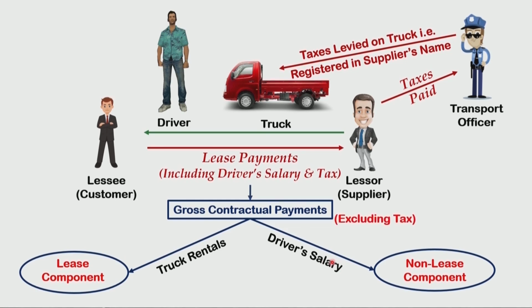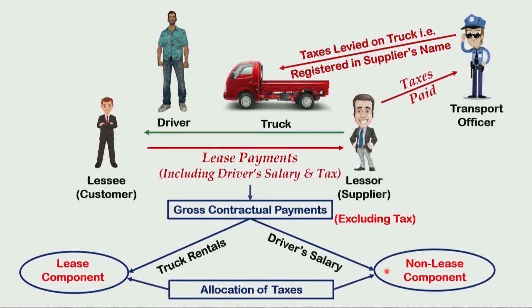In other words, the gross contractual payment will first be considered as excluding tax. That means only the two components, truck rental and driver salary, will be separated as lease component and non-lease component, and the tax will be separately allocated between these two components again.